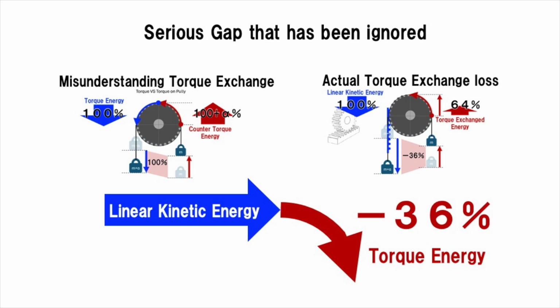In the experiment mentioned earlier to convert linear kinetic energy into torque power with a rotation angle of 90 degrees, even an elementary school student can see by observing with simple experimental equipment that the cause of the 36% loss is simply because the distance and time of pressure application extended.